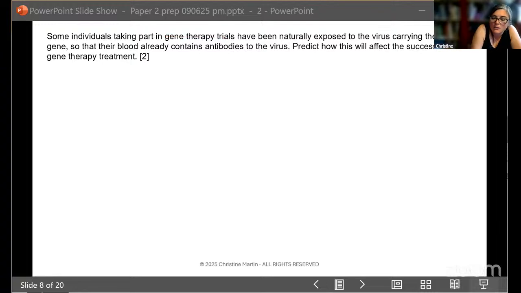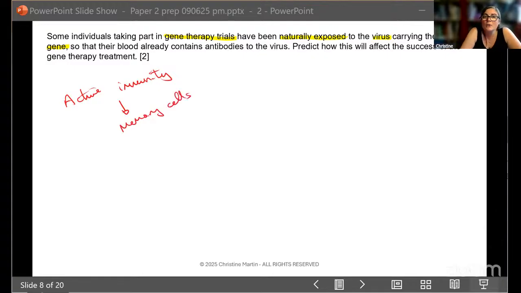Taking part in the gene therapy trials are naturally exposed to a virus that is carrying the functional gene. Well, what happens when you're naturally exposed to a virus? When you're naturally exposed, you should know about active immunity. Once you have been exposed, that's going to result in you having memory cells.